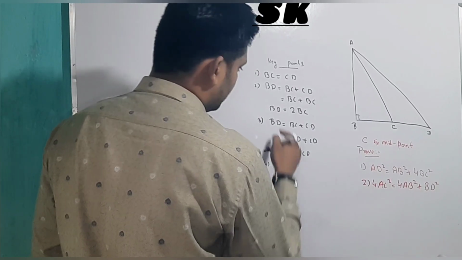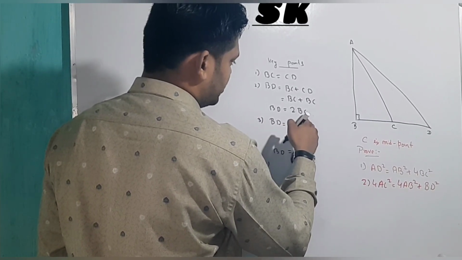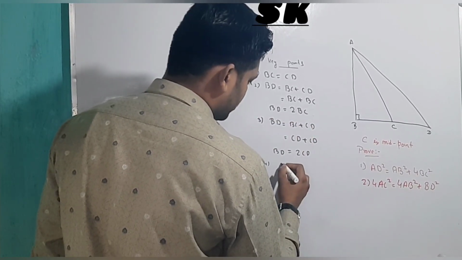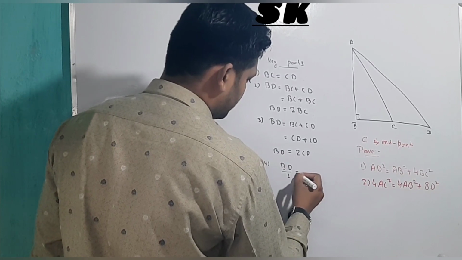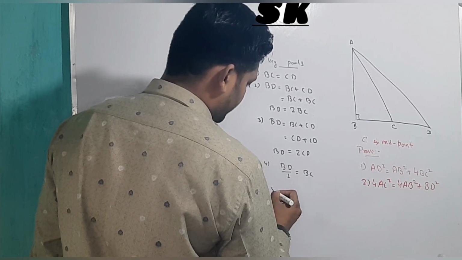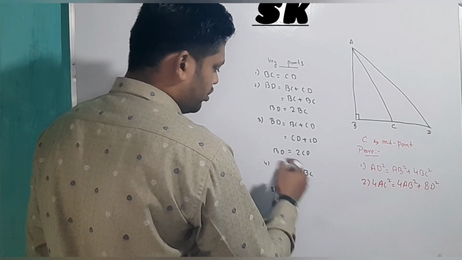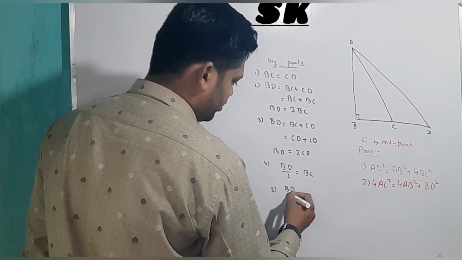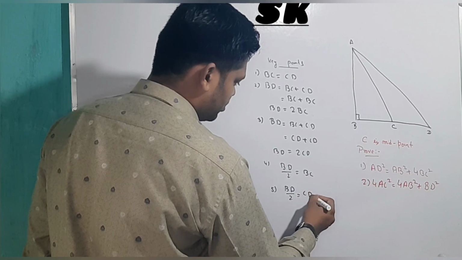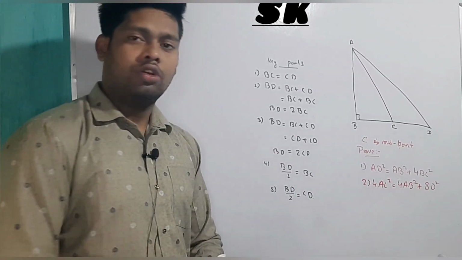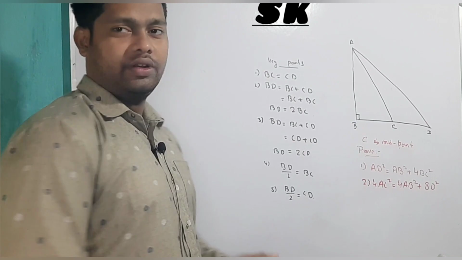And the fourth point: by using this one, BC is equal to BD by 2, since the 2 comes down. The fourth point, from here CD is equal to BD by 2. So these are the key points.